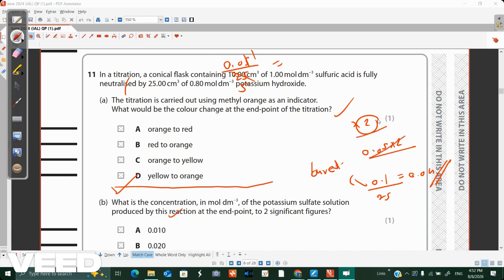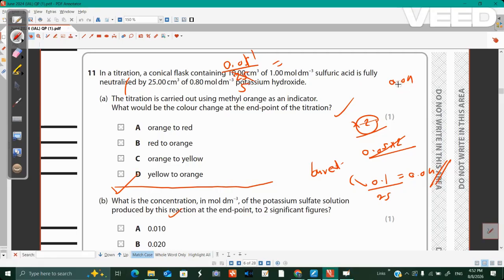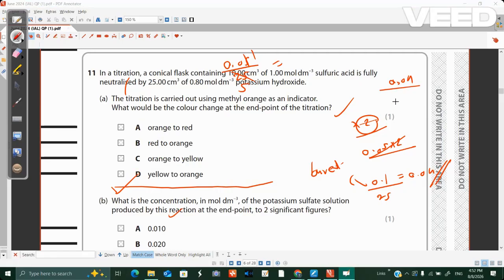For pipette, percentage uncertainty is what? Measured only once, right? Why? Because you are making only measurement at one place. So therefore, 0.04 over 10. So it is 0.04. For burette, 0.05, two times measured.